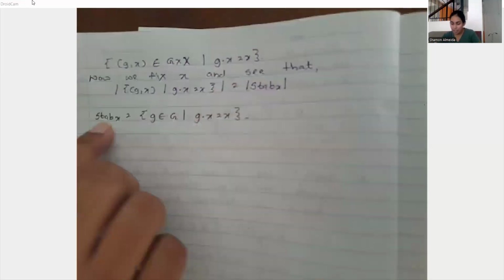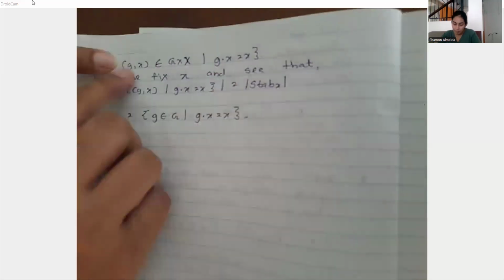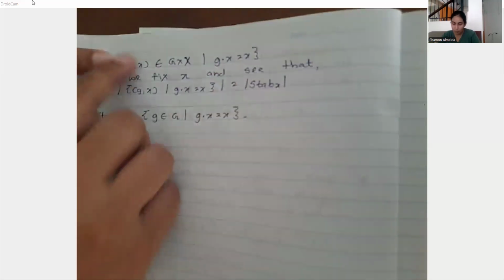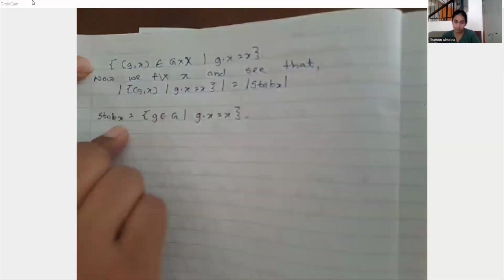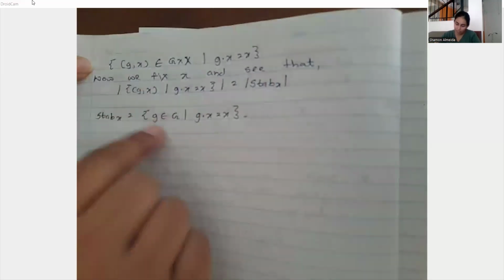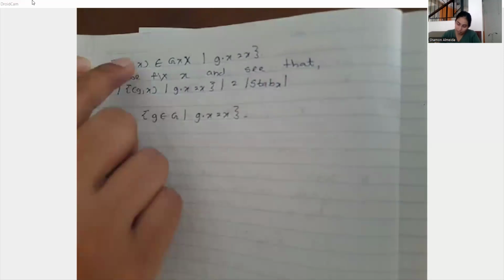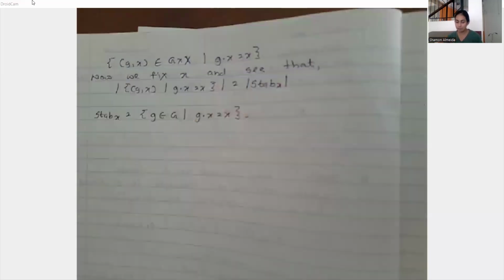So every g that appears in the stabilizer will appear in the first component of all the points that are in this set when you fix this particular x. So the number of elements over here is the same as the number of elements in this set when x is fixed, because in each element, the second component is fixed. Only the first one is varied according to this condition. So it's easy for us to see that.